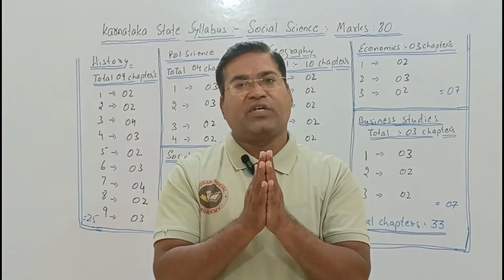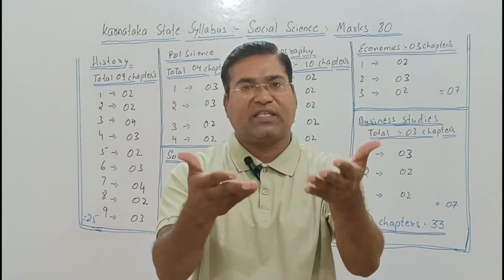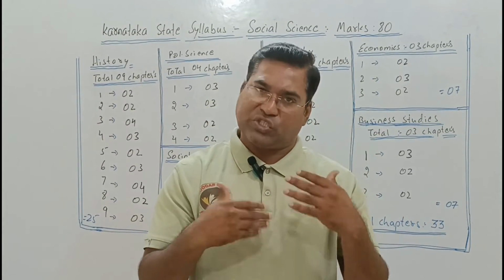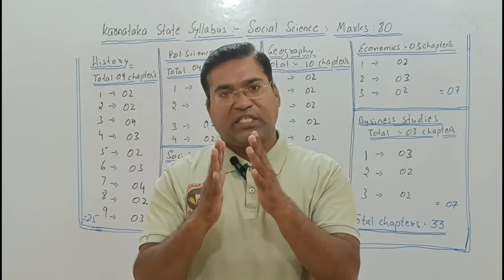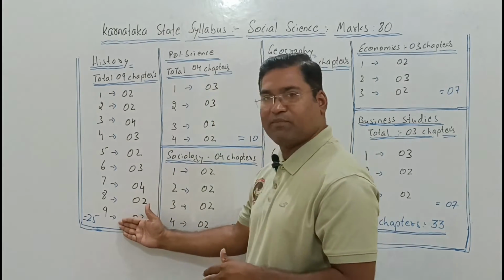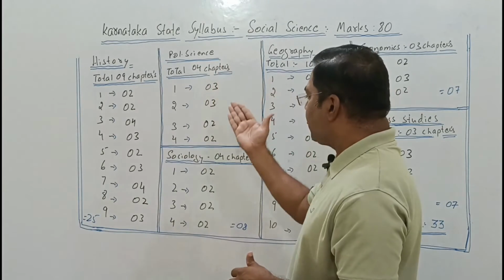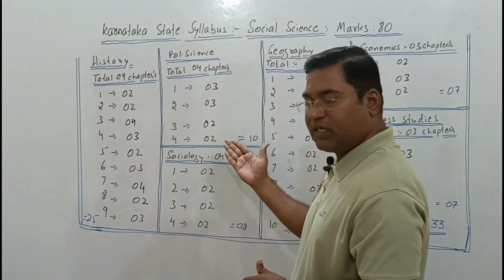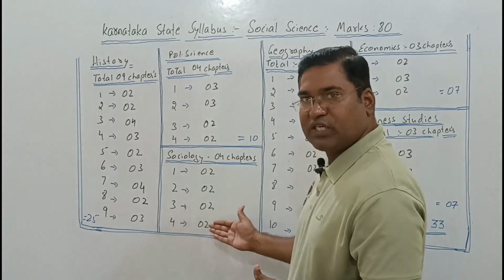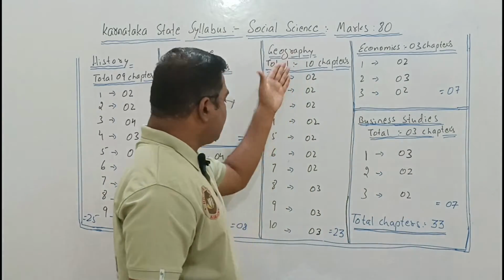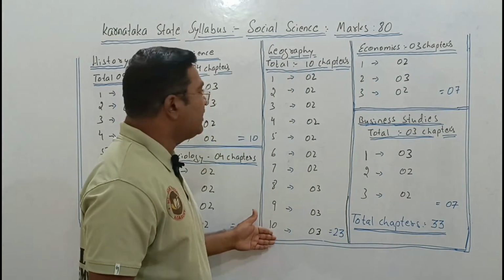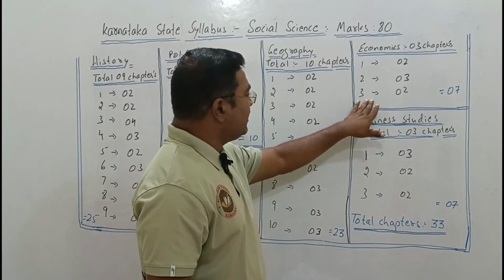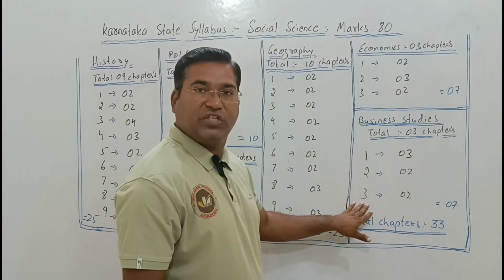So the total number of topics given in the first and second sem is as follows. From history there are a total of 9 chapters, from political science 4 chapters, from sociology 4 chapters, from geography 10 chapters, from economics 3 chapters, and from business study 3 chapters.